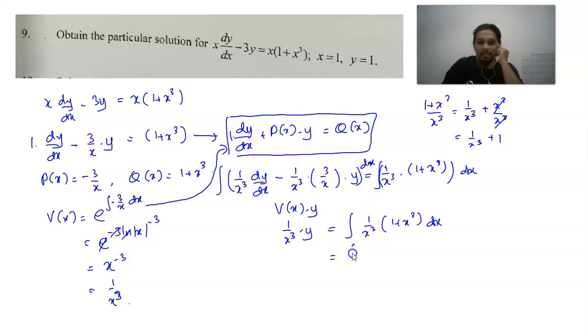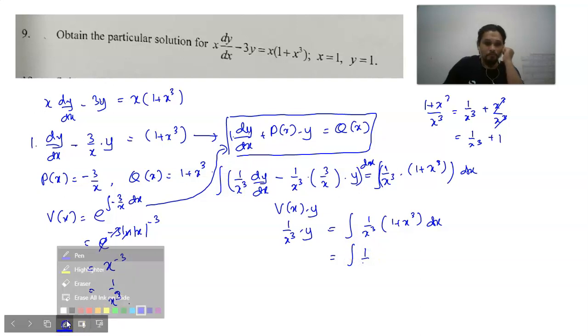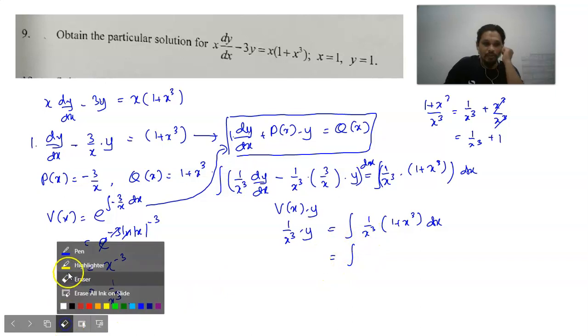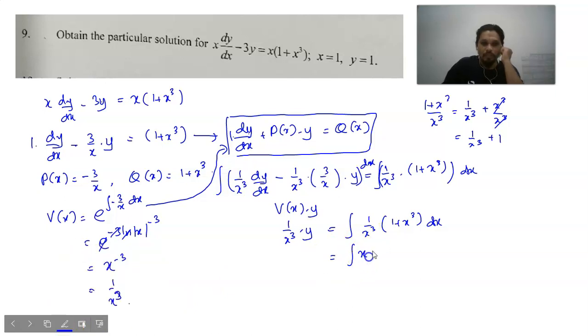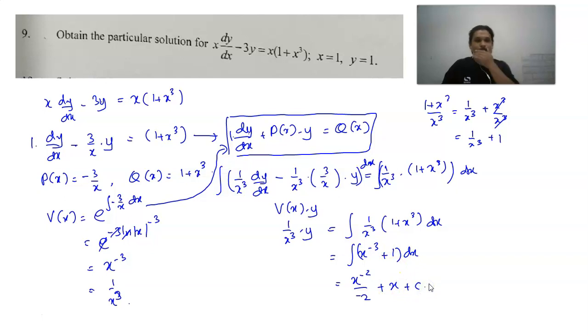The integral of 1 over x cubed, or x to the power of negative 3, plus 1 dx, gives x to the power of negative 2 divided by negative 2, plus x plus c.